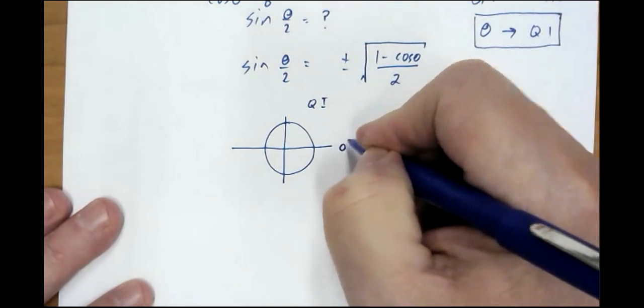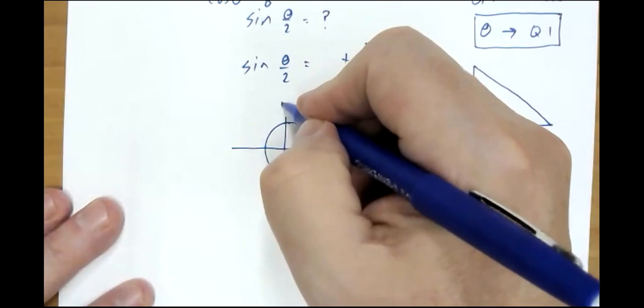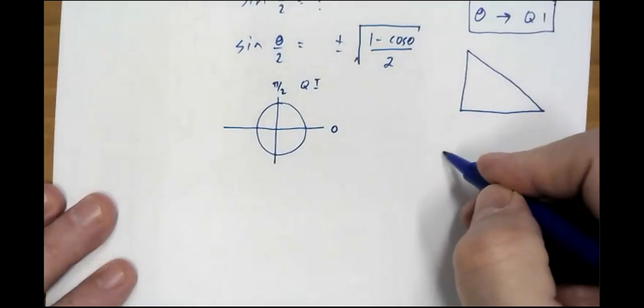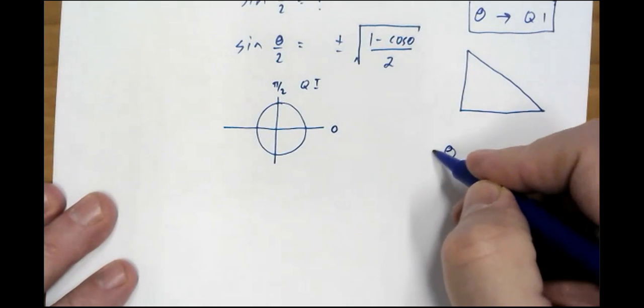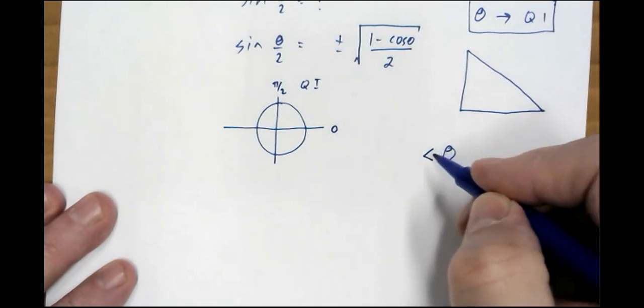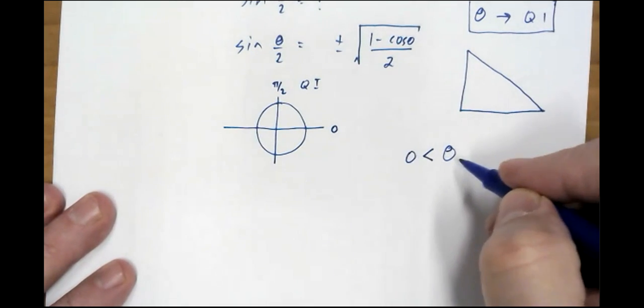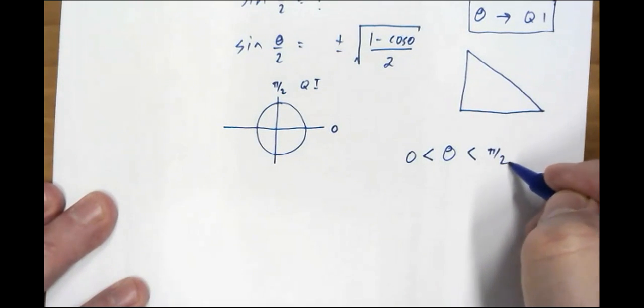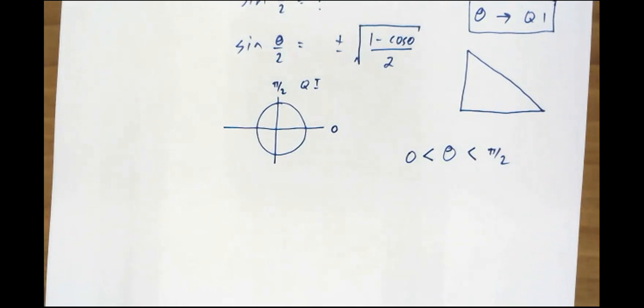And if we do radians, that means theta for quadrant 1 is greater than 0 and less than pi over 2, right? That's what it means to be in quadrant 1.